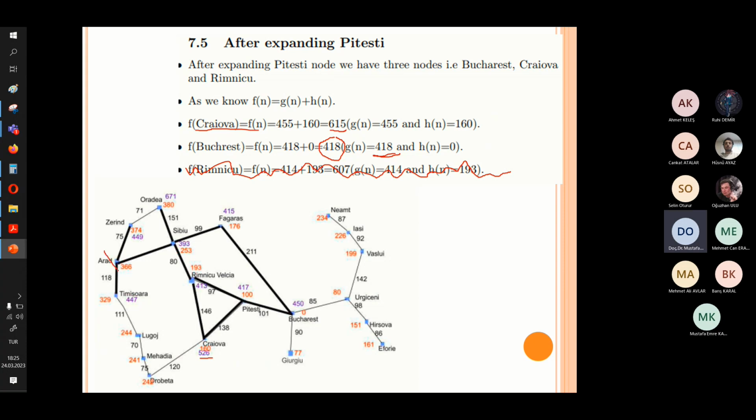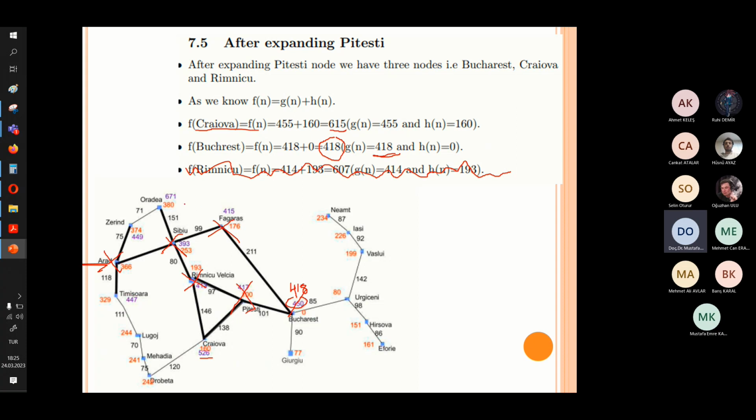Okay, so let me cancel out because these are already calculated. Fagaras has been calculated. What we have now is 450, sorry, we have to update that value with 418 because we have found a better solution. So 418 will be updated. And we have already used Pitesti as well.